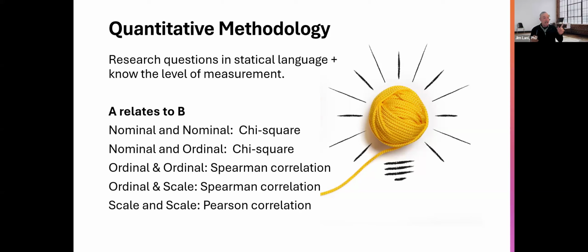So if I have a question, does A relate to B? Does SES relate to program satisfaction? Nominal and nominal. I can use SES low, high, and I can use program satisfaction unsatisfied, satisfied. Two nominal level variables.